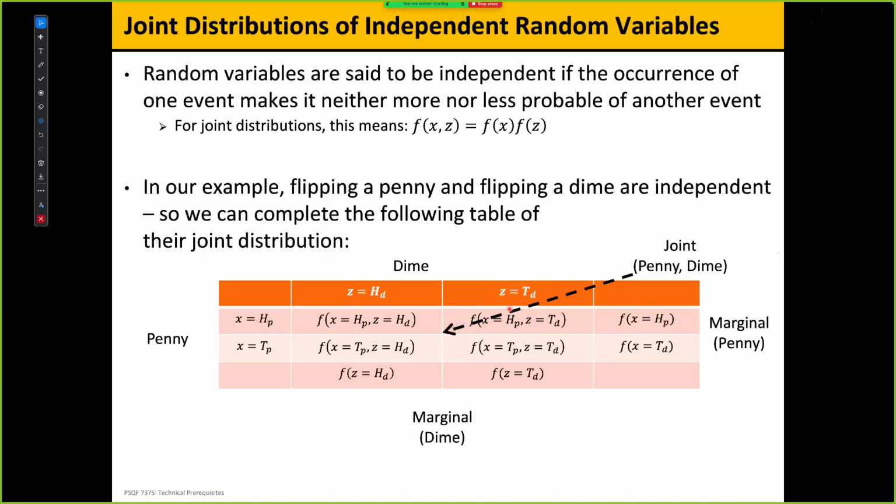And you could do that for each of the four cells, taking the margin, literally where marginal comes from, and multiplying the product of the marginals for each of the respective cells in that table.